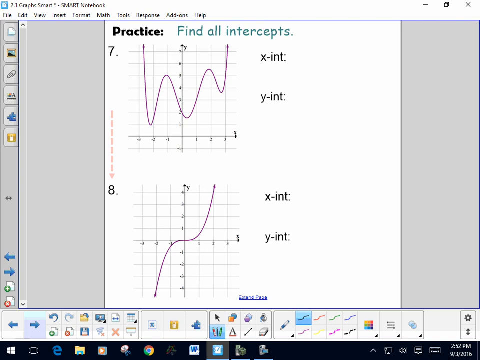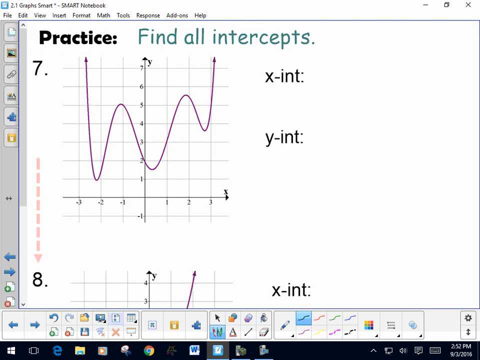Okay, a couple to try. This first one, I'm looking for the x-intercept, so I'm focusing on the x-axis, and hopefully you notice that there is not an x-intercept. None. Please use the word none or no x-intercept or nada or it doesn't have one.